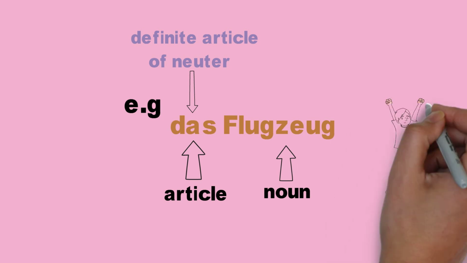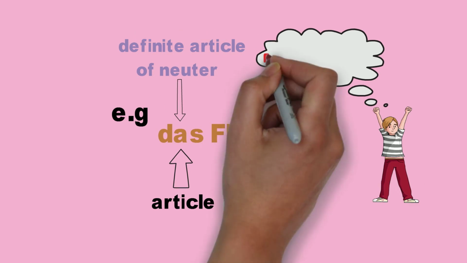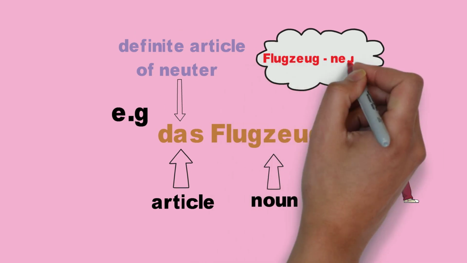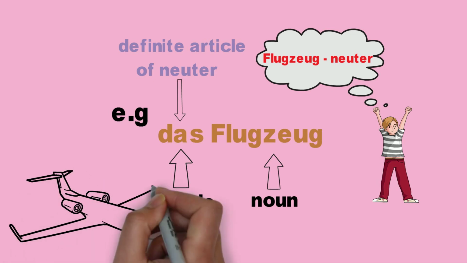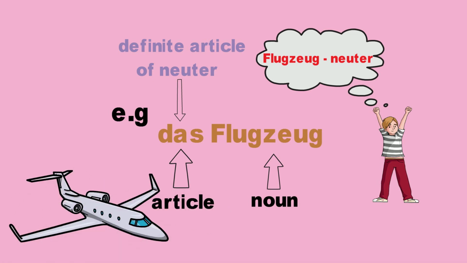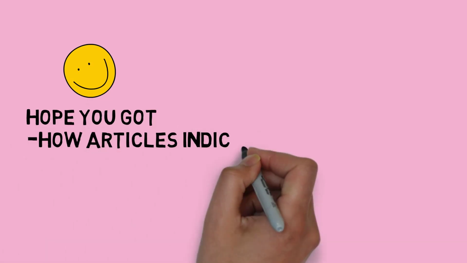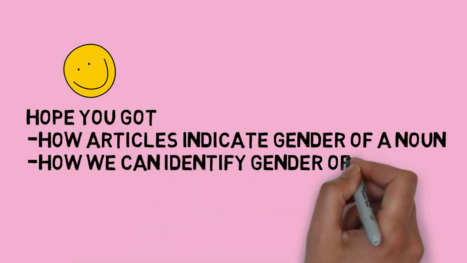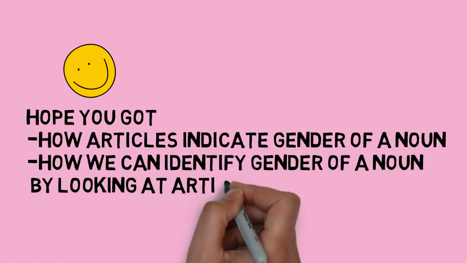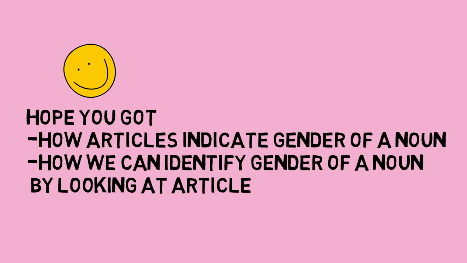Because of that, you can identify that the noun Flugzeug belongs to neuter gender. By the way, das Flugzeug means the plane. I hope you got how articles indicate the gender of a noun and how we can identify the gender of a noun just by looking at the article.